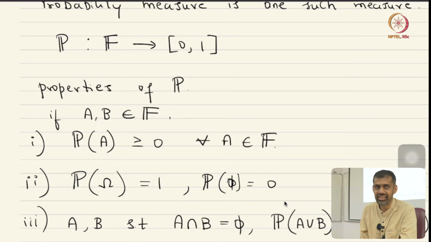There is a measure that would assign a number to length. So assuming that we all know what likelihood is, and by the way, the elements of F are also called events. Every event, which is a subset of the sample space, is assigned a measure, and this measure is called the probability measure, which has these mathematical properties.